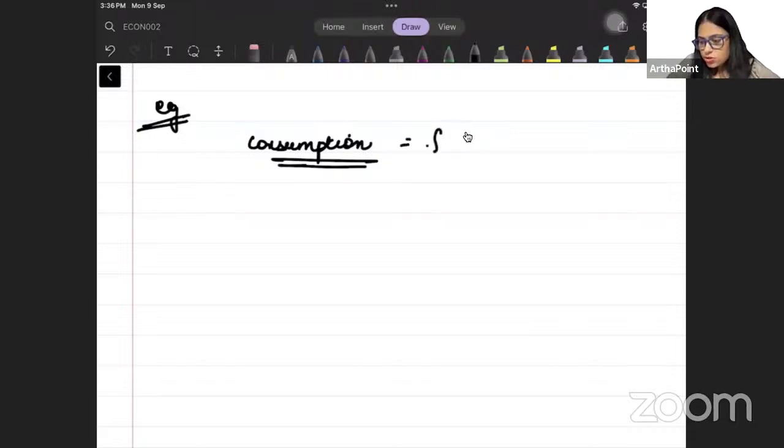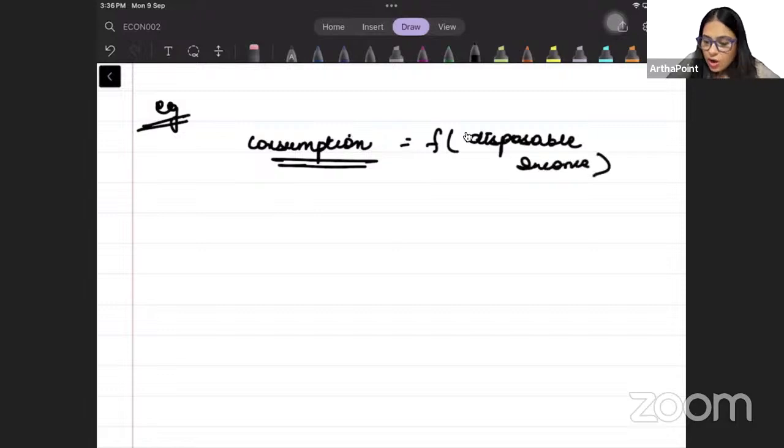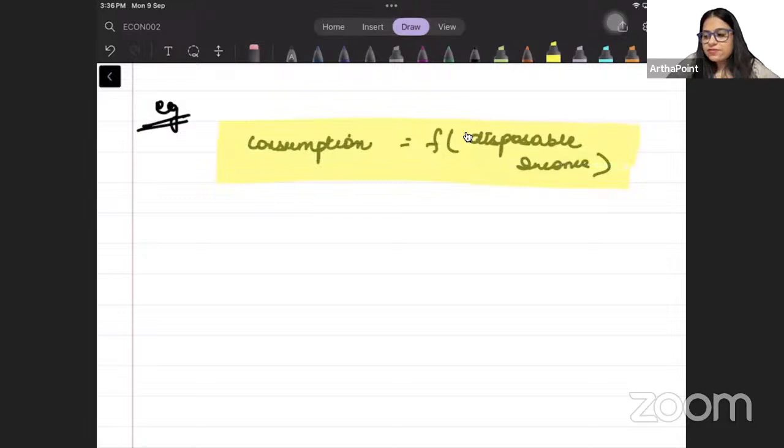So it is a function of disposable income. मतलब tax देने के बाद, after you have given the tax, how much income you are left with, that is called disposable income. उसी को disposable income बोलते हैं. Income after paying tax, after getting subsidies. Income at your disposal, कितना पैसा आप खर्च कर सकते हो. So we are saying consumption is a function of disposable income. ठीक है, ठीक है बेटा.